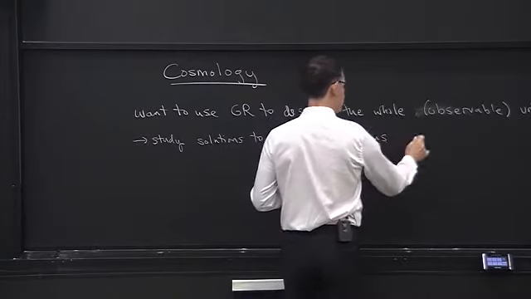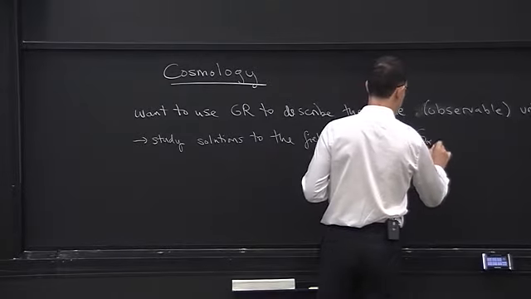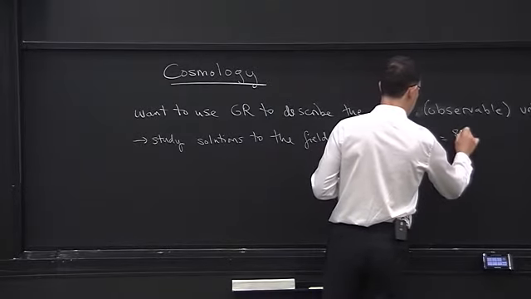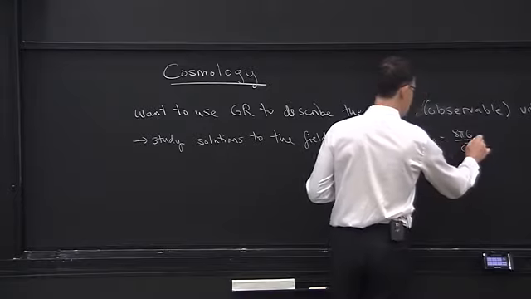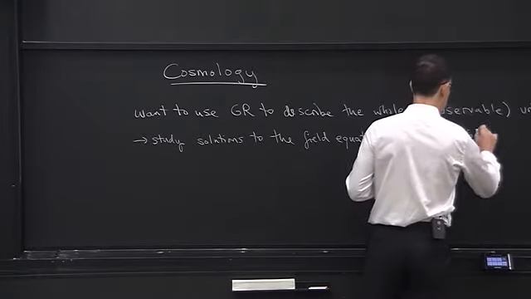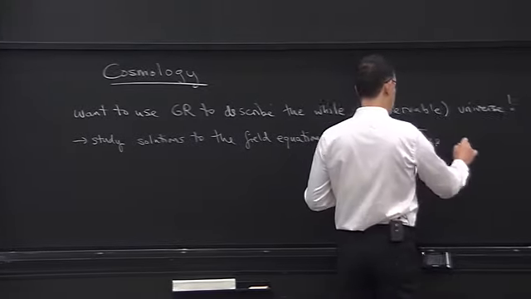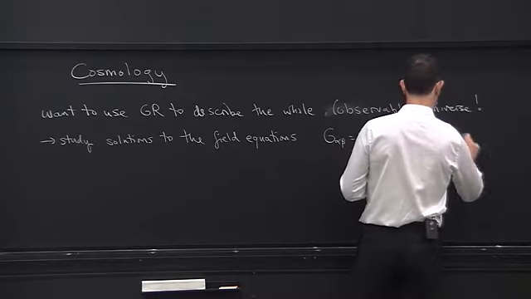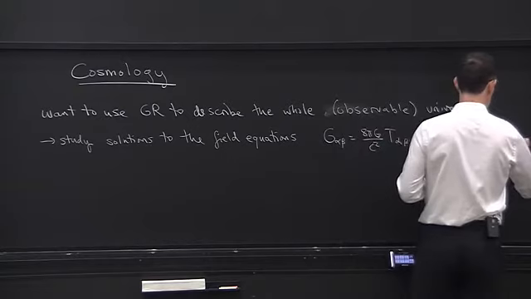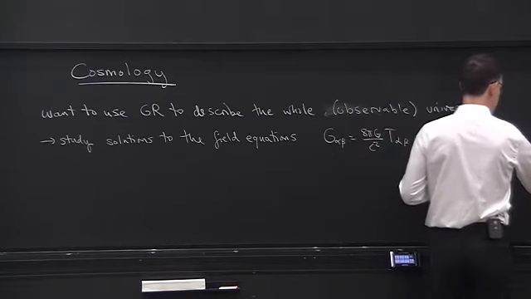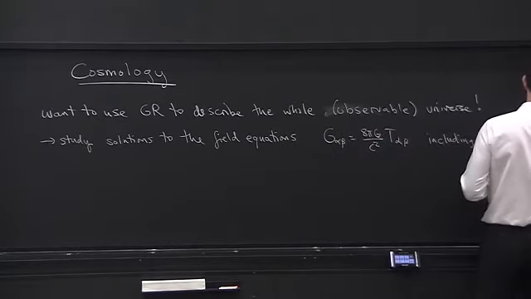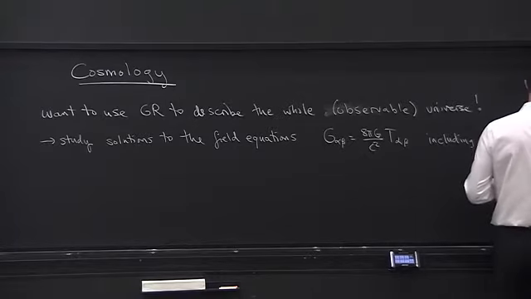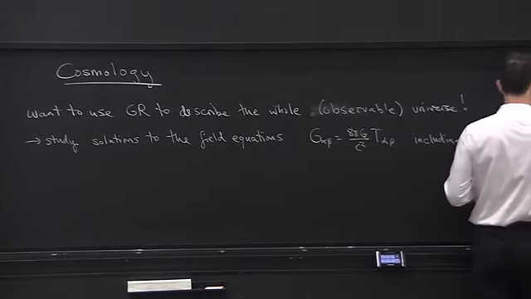Field equations of general relativity are these equations: 8 pi G over c squared T alpha beta, including matter and possible, well, let's just say, time dependence.